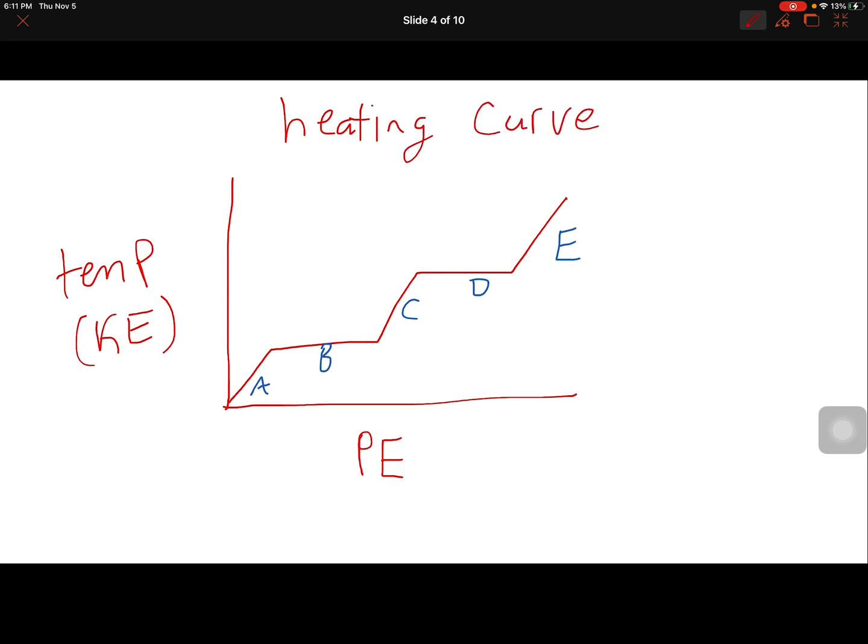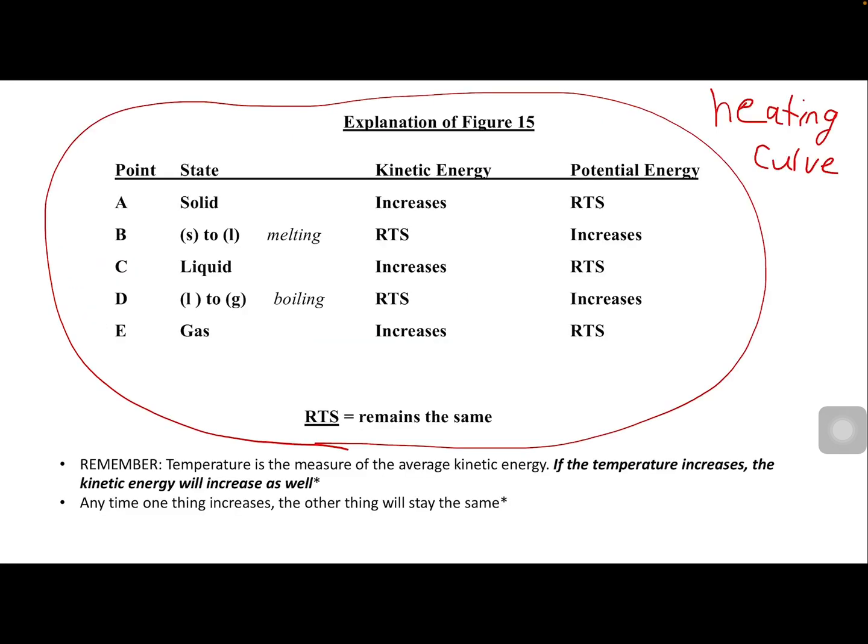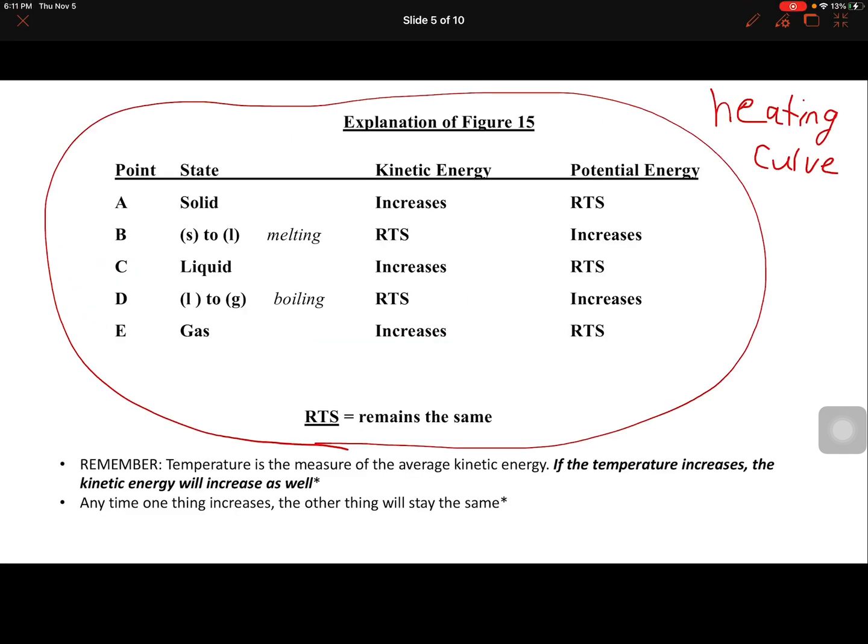Make sure you write down everything I'm writing down, because the next slide is going to look at your relationships, like what's happening to the kinetic and the potential energy, which you need to know. Copy down the whole table. By the way, you're going to see RTS used a lot today, and that just means remains the same.